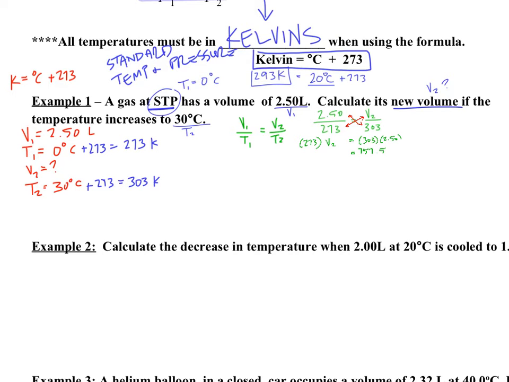And 273 times V2 is still 273 times V2. So the next step is to get V2 by itself by dividing 273 to the other side. So V2 is equal to 757.5 divided by 273. And once you calculate that, you should get a new volume of 2.77 liters as your answer.